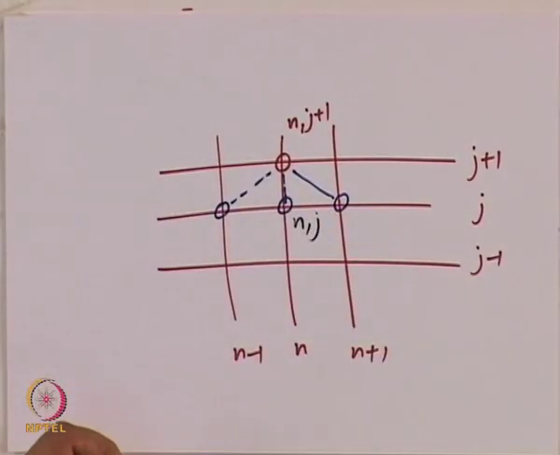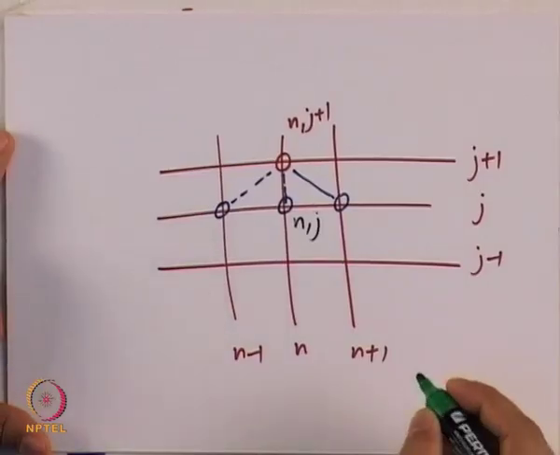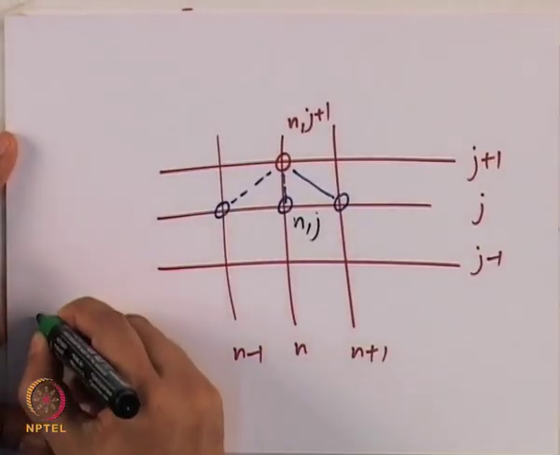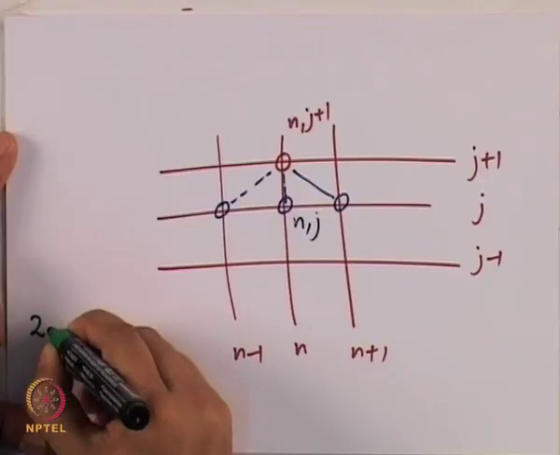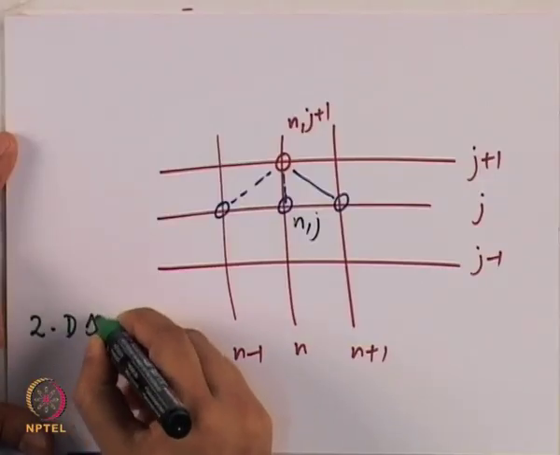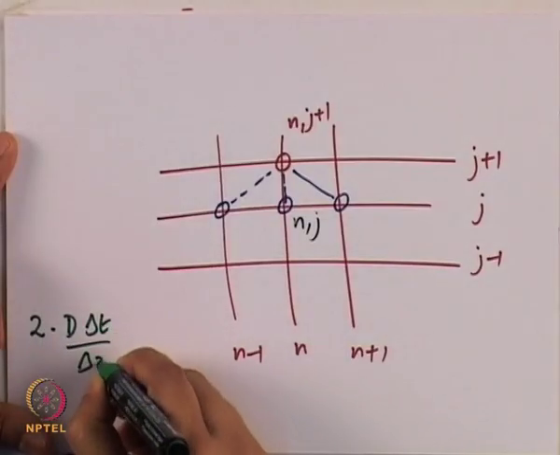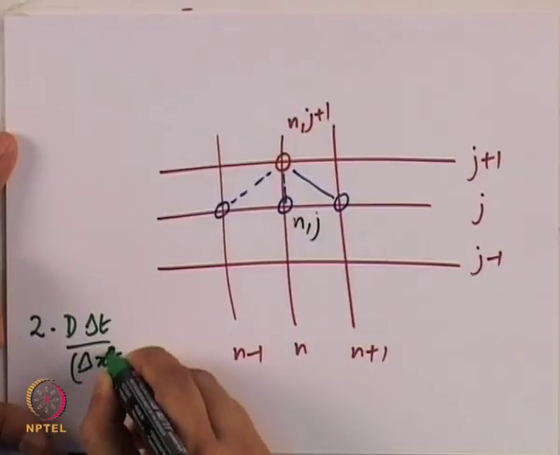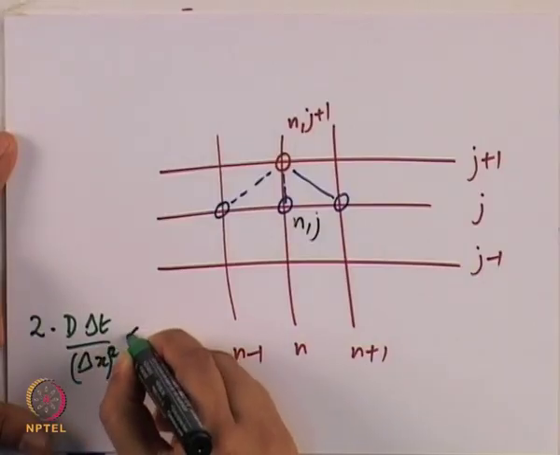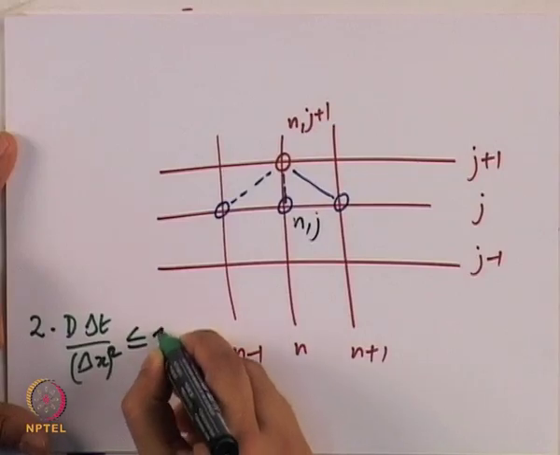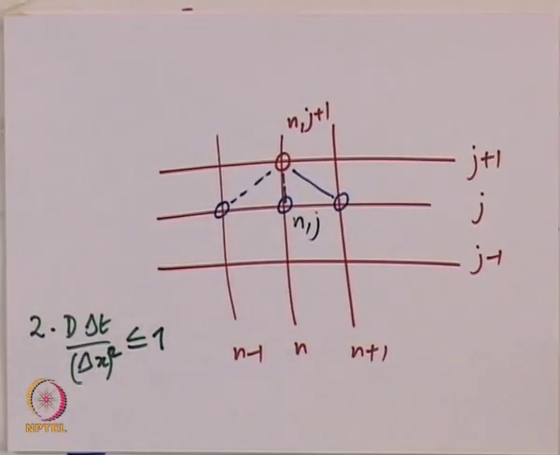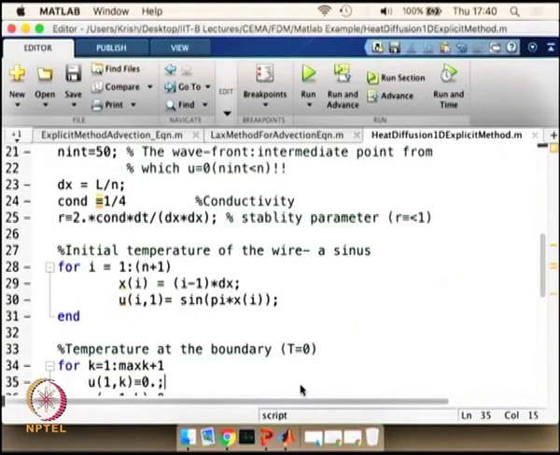So we are going to take the influence of the point n comma j more significantly than the other point. So that is why we are setting the condition that twice d delta t divided by delta x square should be less than or equal to 1, and that is what we have set in this particular equation.